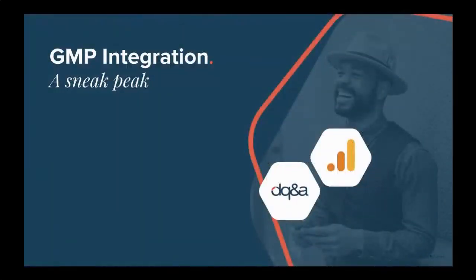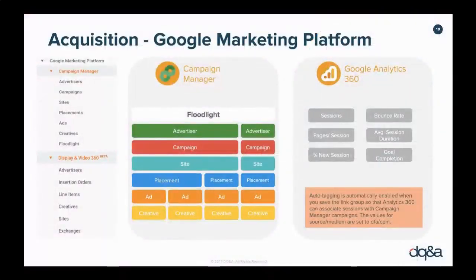Now I'll step a little bit to the side, focusing mostly on the integrations with other products, like Campaign Manager. What is important to understand here, and that's something I've mentioned in our process flow, is to have a clear view on the way I want to connect the two products, because they have different hierarchies.